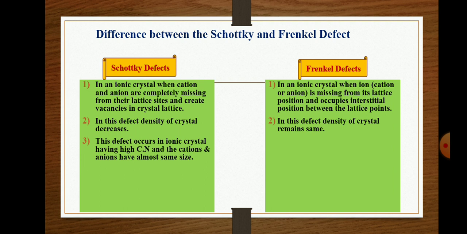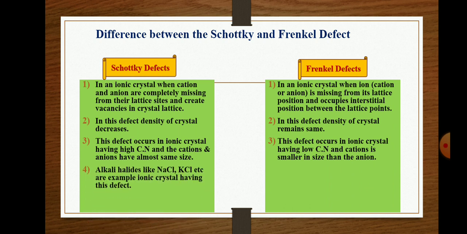Now number 3 difference. Schottky defects occur in ionic crystals having high coordination number and the cations and anions have almost the same size. Number 3 difference in Frenkel defects: these defects occur in ionic crystals having low coordination number and the cation is smaller in size than the anion.